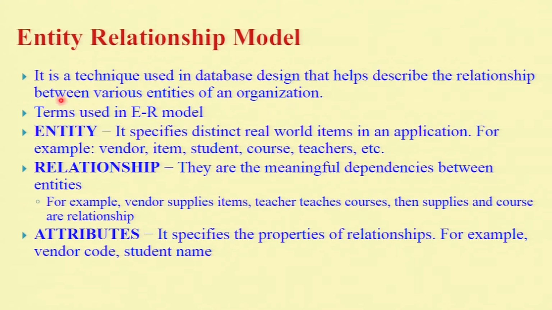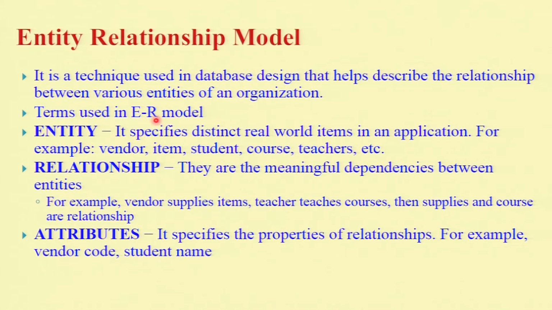Entity relationship model is a technique used in database design that helps describe the relationship between various entities of an organization. It is shortly termed the E-R model. E denotes entity and R denotes relationship, and ER model denotes entity relationship model.